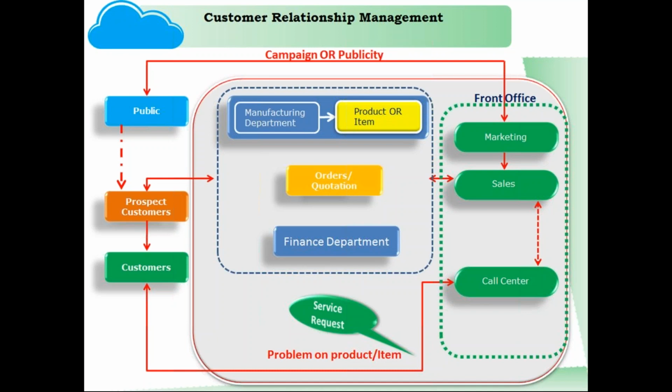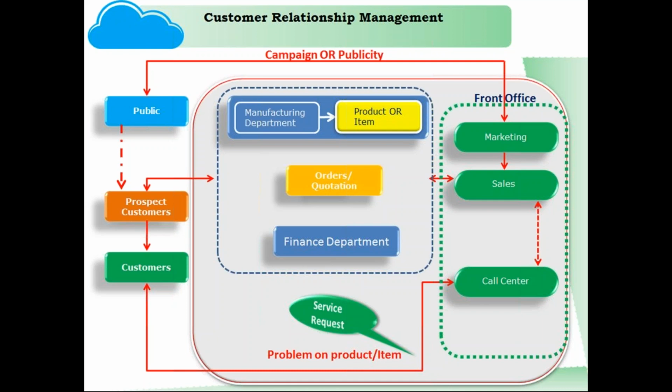Now in the marketing application, there are 100 people available. These people are initially called the public. Out of 100 people, assume that 50 people show interest in the product. Those people are called prospect customers.